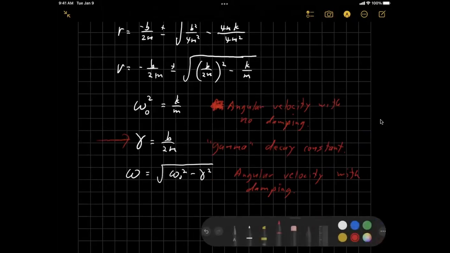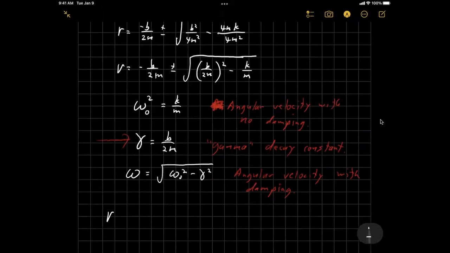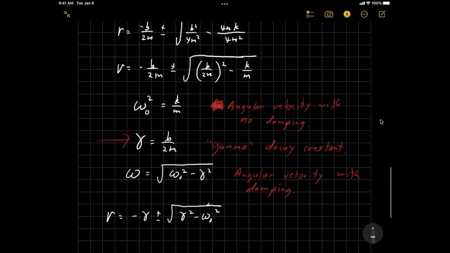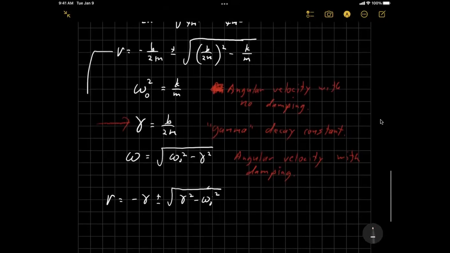So we can rewrite r now. r can be rewritten as negative gamma plus or minus the square root of gamma squared minus omega naught squared. I literally just took this and used the new definitions.